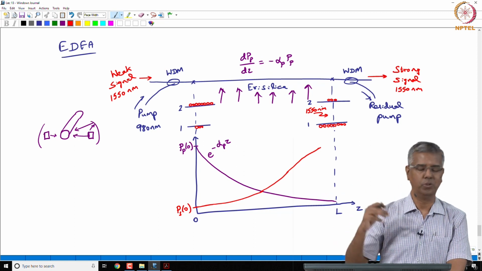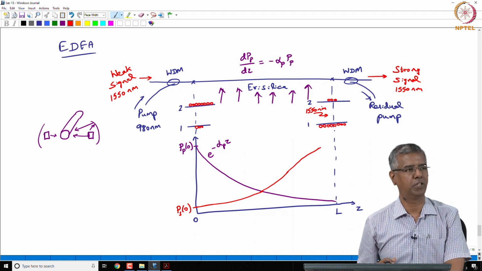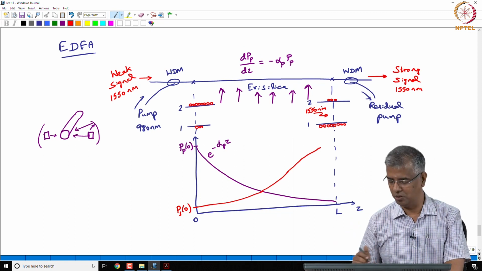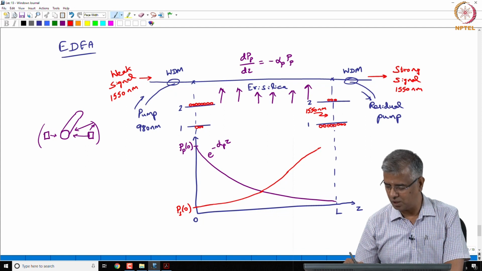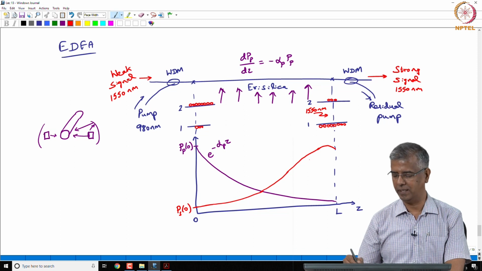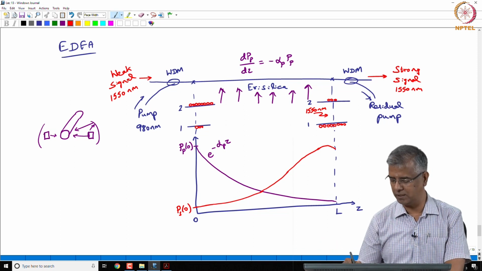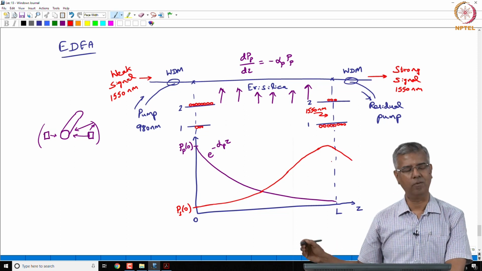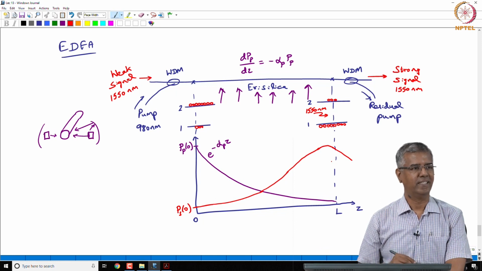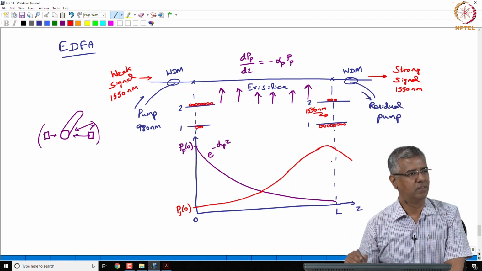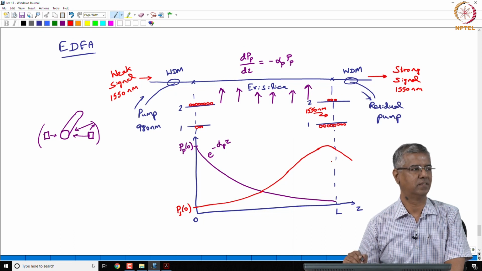So you have absorption of that light happening. So you have what is called reabsorption of that light happen beyond a certain distance, and beyond that distance, if you have longer fiber, you would lose signal photons.